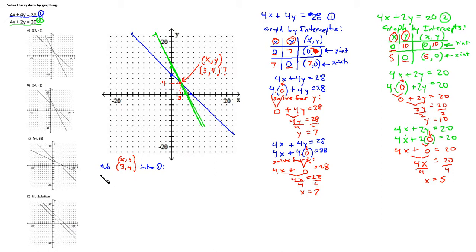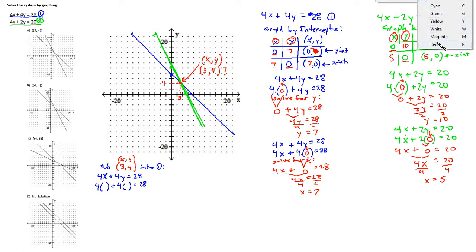Equation 1 is 4x plus 4y equals 28. I'm getting ready for substitution of our x and y values: x equals 3 and y equals 4.